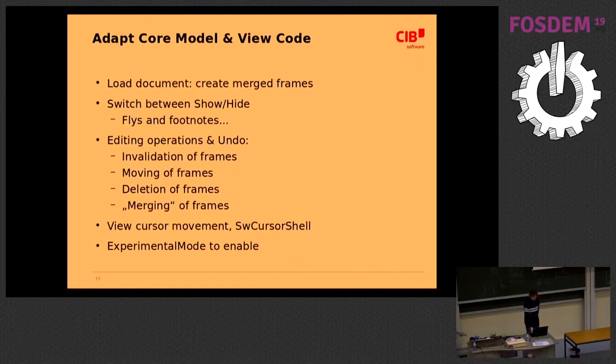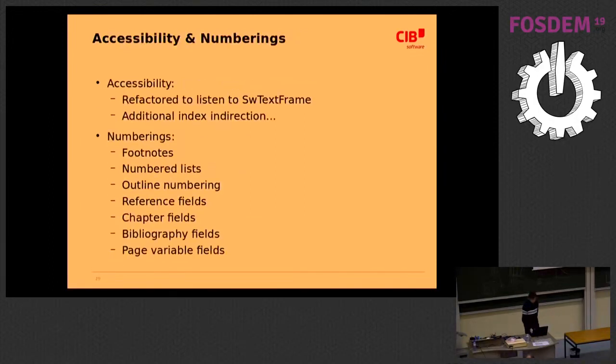And once that was done, the feature was in a good enough state that we could turn it on in master, if you have the experimental mode setting enabled. That, by the way, was also the state of where we were at the previous talk on this topic at the LibreOffice conference.